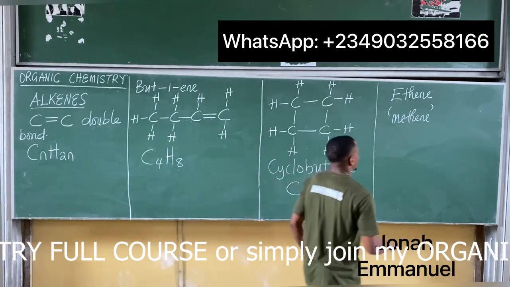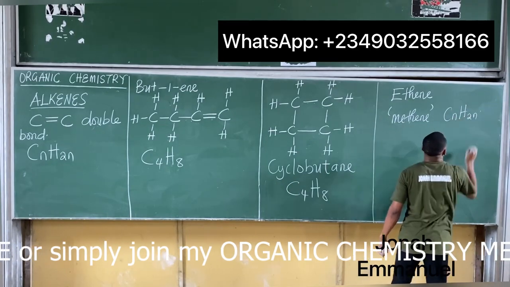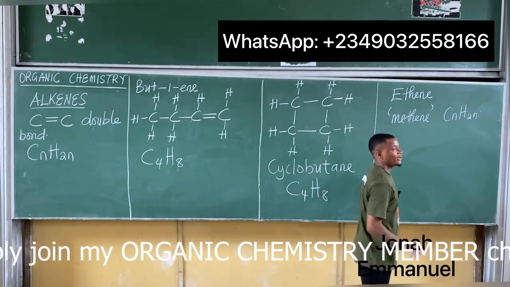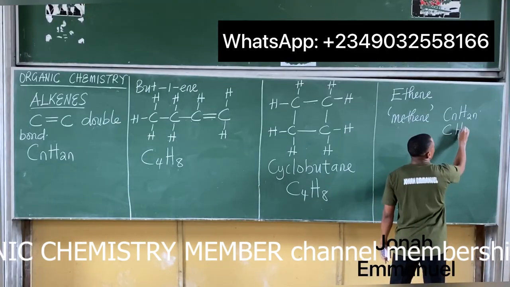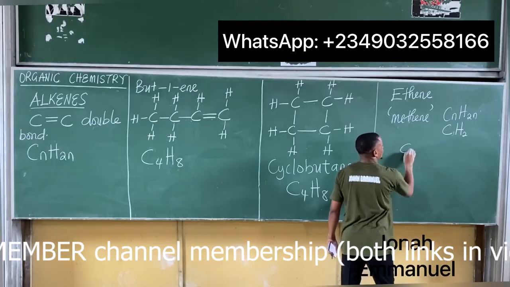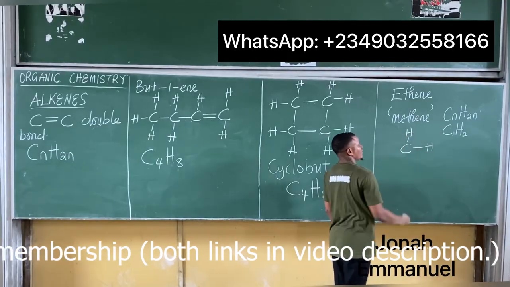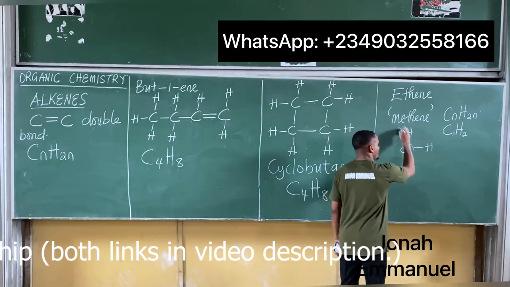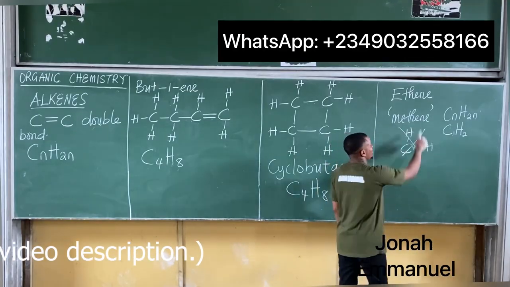How? Use the formula: CnH2n. For meth, C is 1, so it becomes C1, H into 2 times 1, which is 2. So I have carbon with H2. How? H and H, this is not balanced. In other words, methene does not exist. But ethene exists: put n as 2.